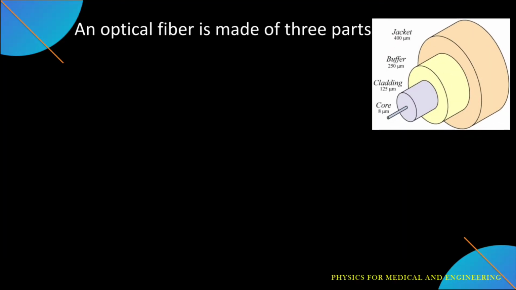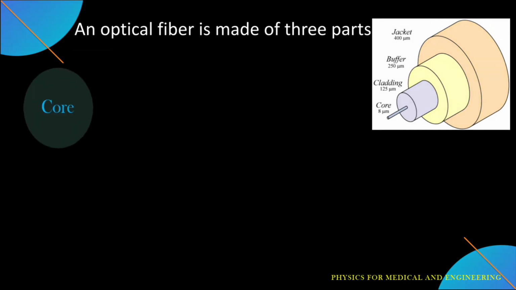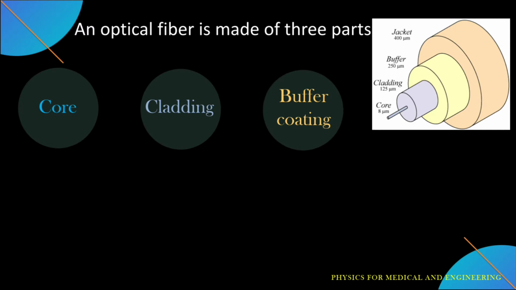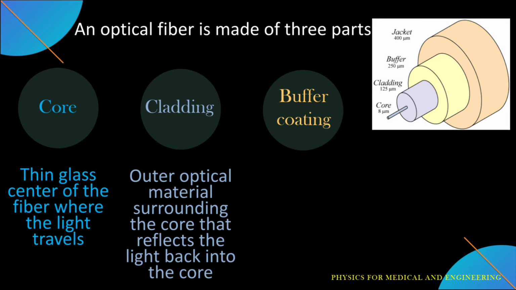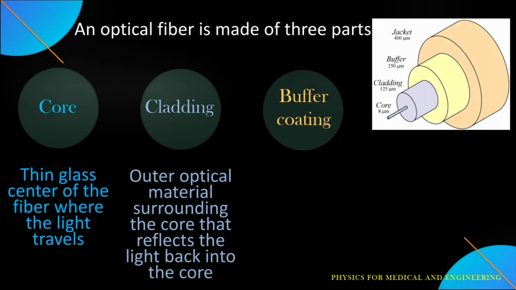If you look closely at a single optical fiber, you will see that it has the following three parts: the core, cladding and buffer coating. Core is a thin glass center of the fiber where the light travels. Cladding is an outer optical material surrounding the core that reflects the light back into the core.